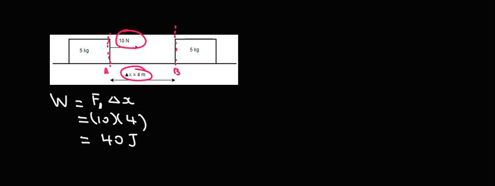Now let us say we have a different setup. We have the same force of 10 newtons applied on the same block, but now we are applying this force 30 degrees above the horizontal.